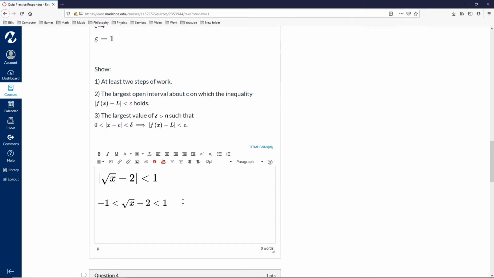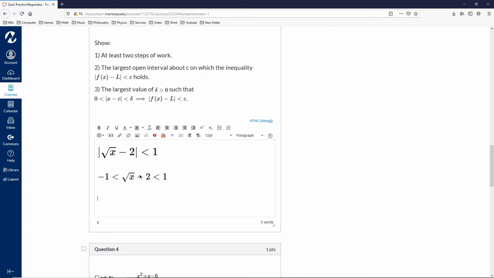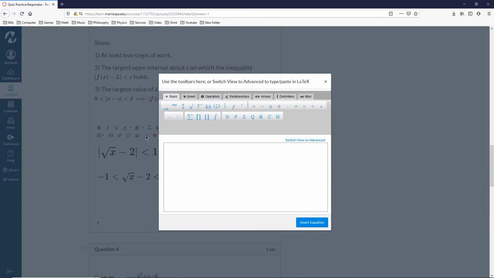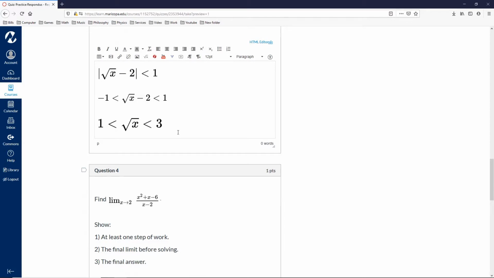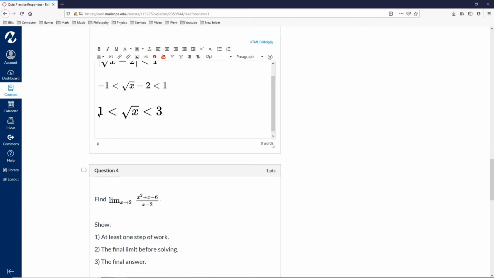And the next thing you want to do here by hand, if you're doing it on paper, hopefully you are, is add 2 to both sides. And there's the next line of work. And then to finally solve for x, square everything.